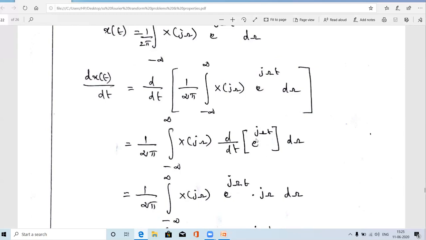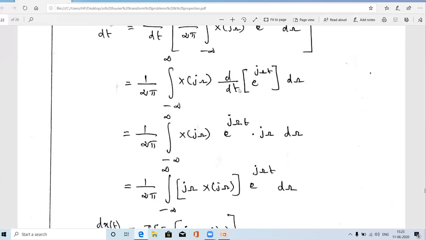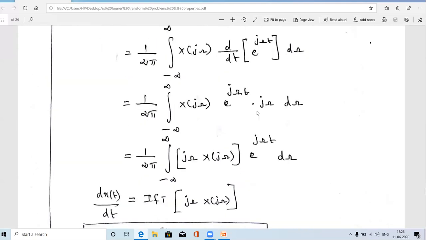The differentiation of e power j omega t is e power j omega t into j omega. Here this j omega you combine with the rest: j omega into X of j omega into e power j omega t d omega.